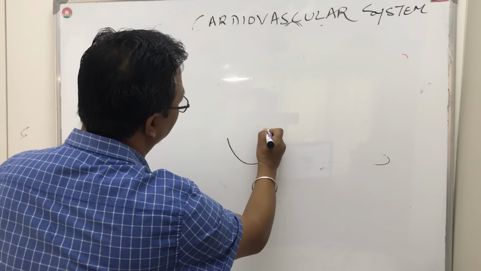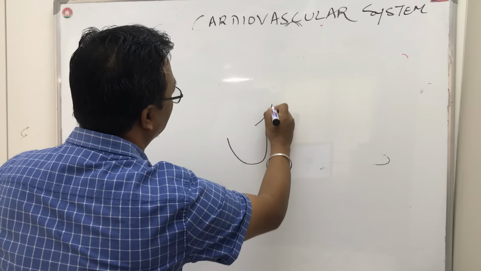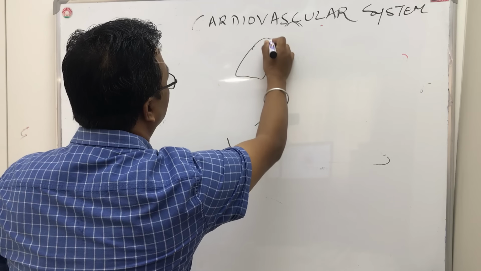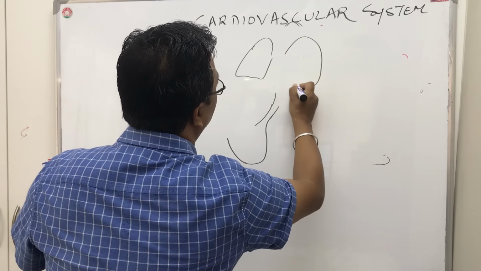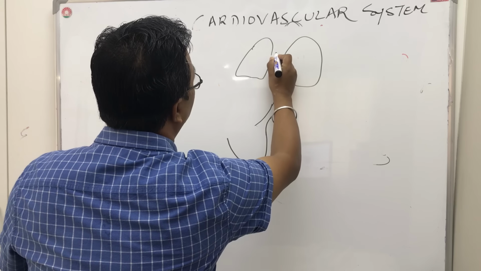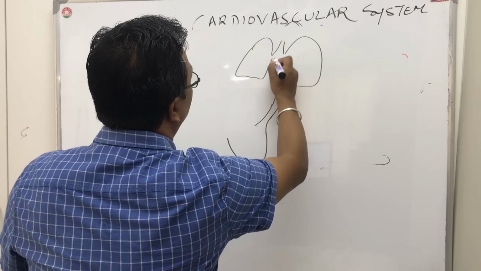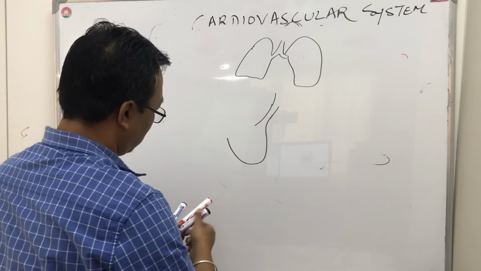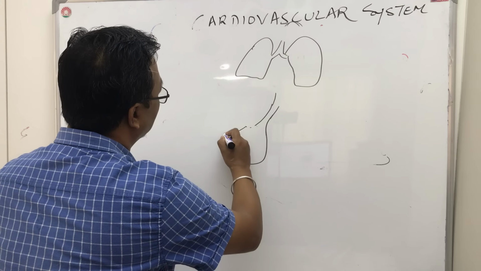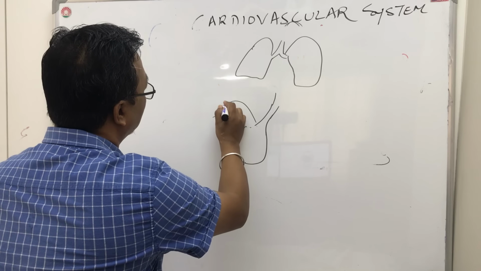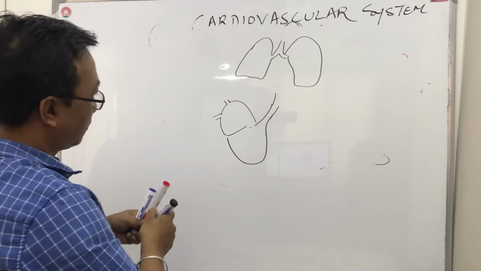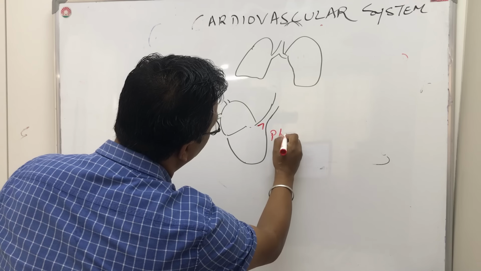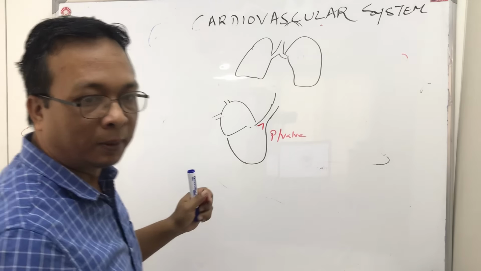This is the right ventricle, and blood from here... there is one more valve here, we call that the pulmonary valve. This is the number 2 valve.